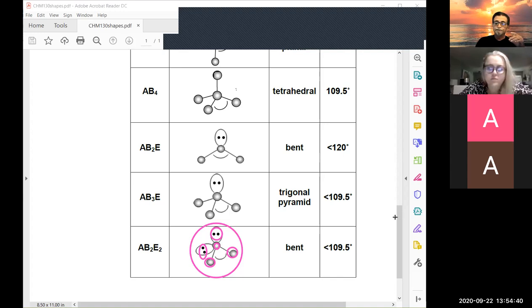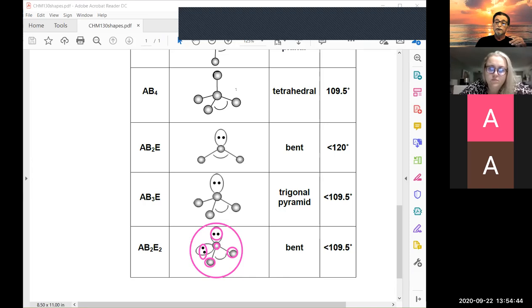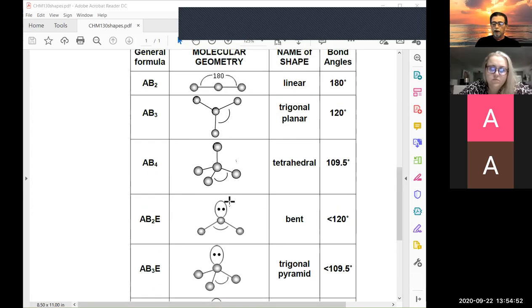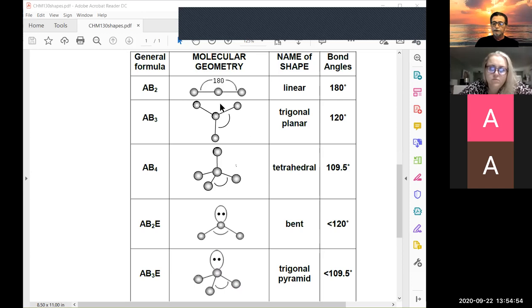Once we, let me clear it up a little bit. Once we determine the general formula, it would give us the molecular geometry of that compound. And that molecular geometry has a specific name, which is the name of the shape.